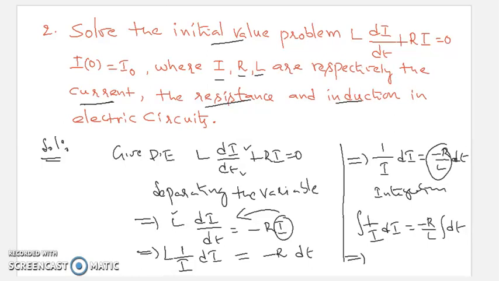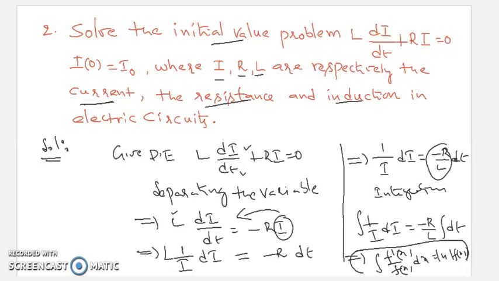That implies, here the denominator is the I function and the derivative of I is 1. So it is of the form, here we are going to use the formula, integral f dash of x by f of x into dx is equal to log mod f of x.